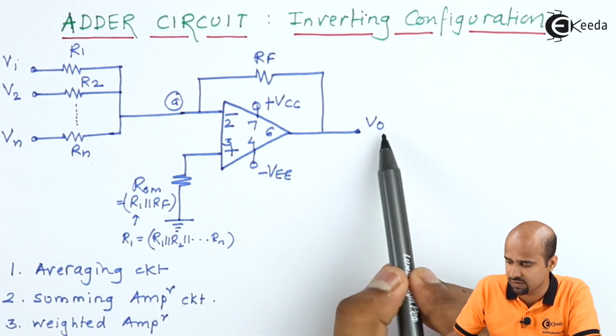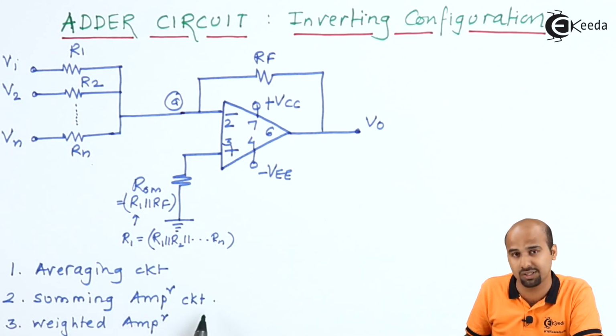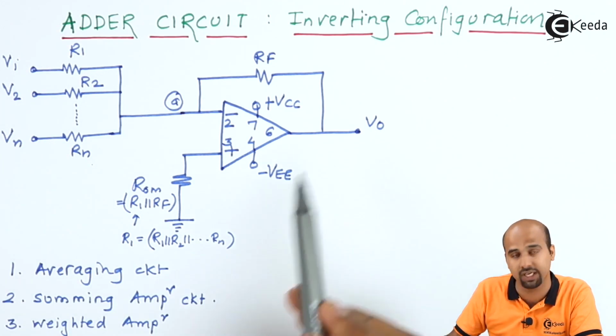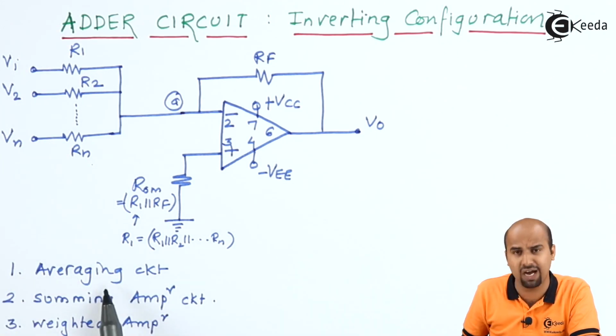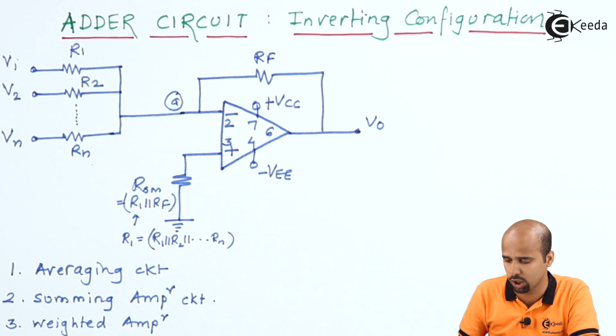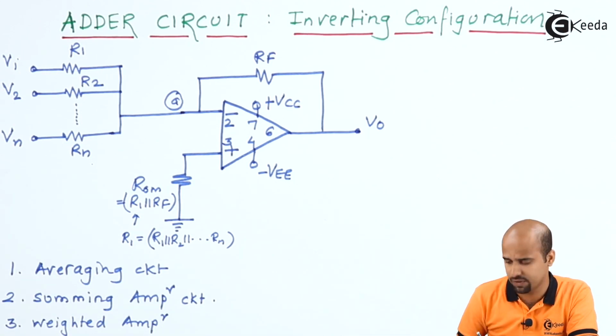If this VO is the addition of all these, then it is the summing amplifier. If we get the average of V1, V2 up to Vn as the output voltage, then this is the averaging amplifier circuit. And if this output depends on the values of these resistances, then we get the weighted amplifier circuit. Let's analyze first.